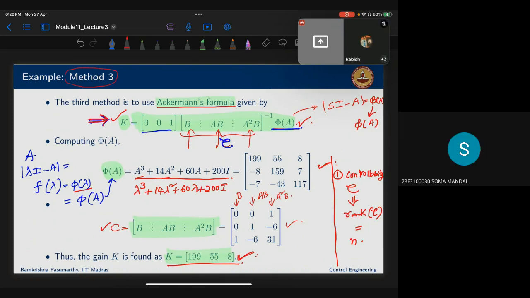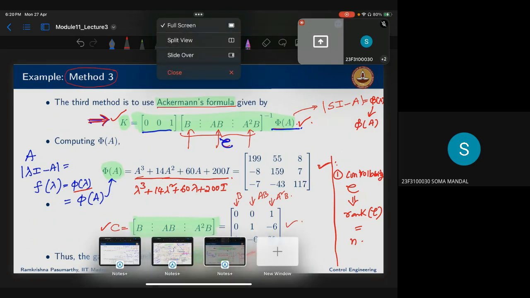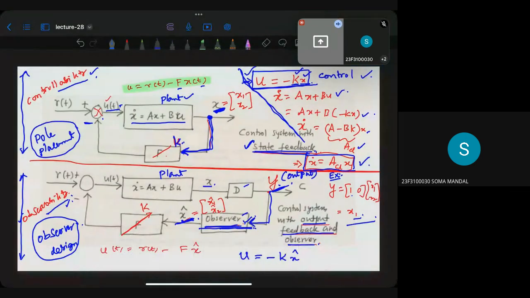Yes, sir. So directly, again you can see this picture. The pole placement technique related to the first one: where X is available to you all the time, you take U equal to minus KX, and then write down this equation.